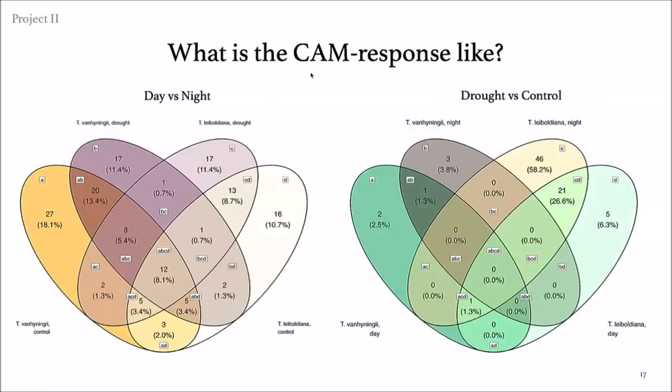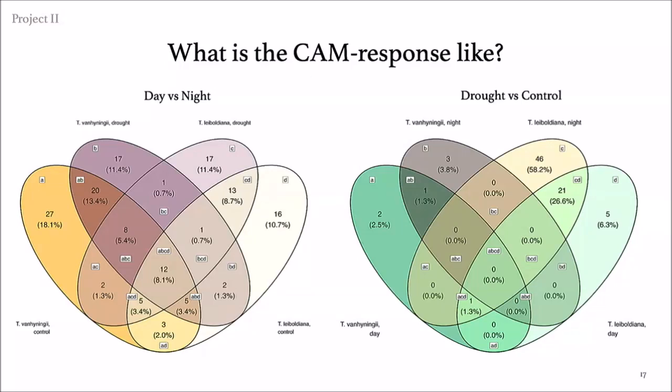And then I was interested to know, where are the CAM genes, the ones that are already described as CAM genes by previous studies? Are they shared between the two species? How much overlap is there in the CAM response between the two species and two phenotypes?